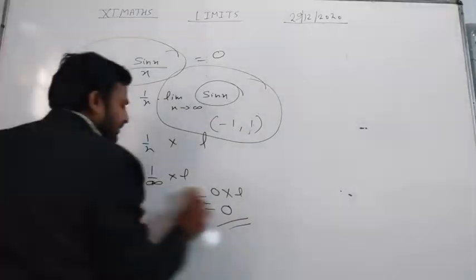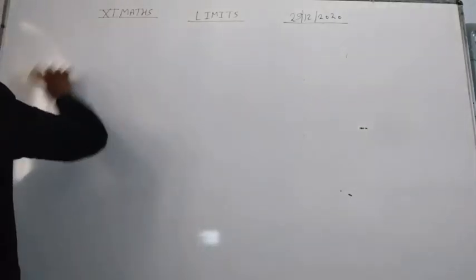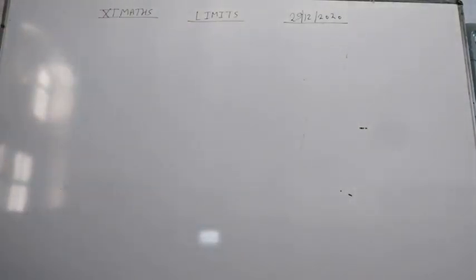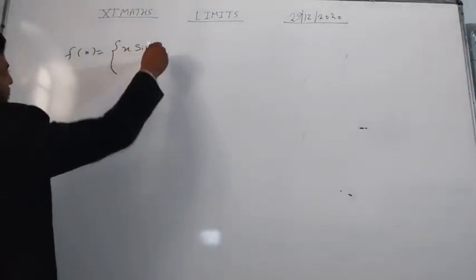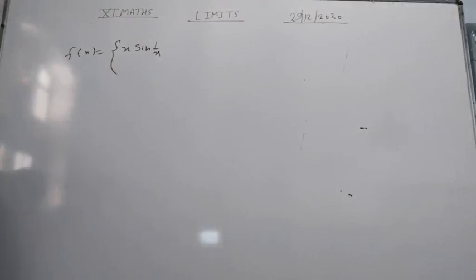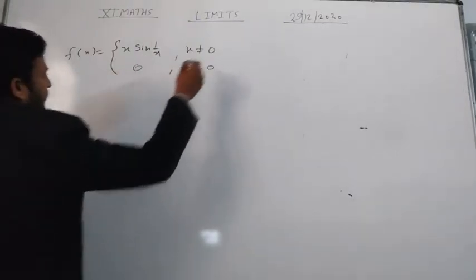Now we consider another question. Our next question is: f(x) is equal to x sin 1 by x when x is not equal to 0, and 0 when x is equal to 0.